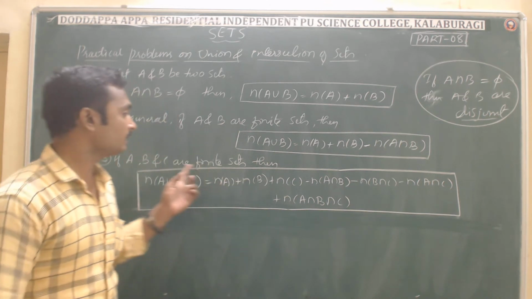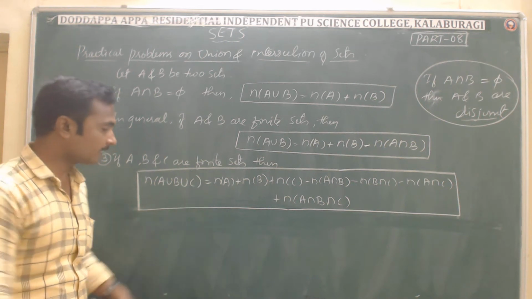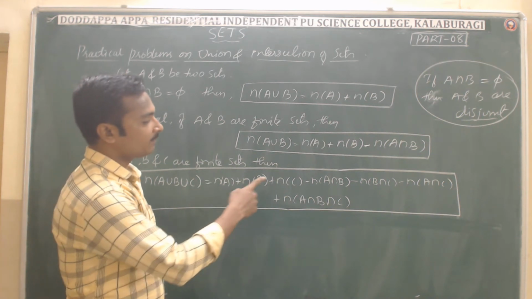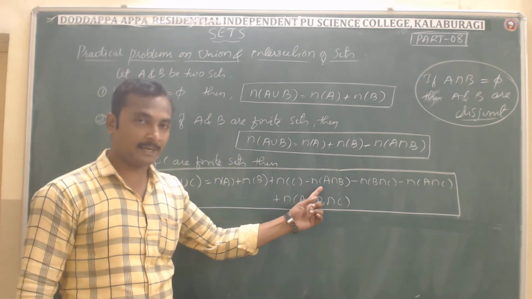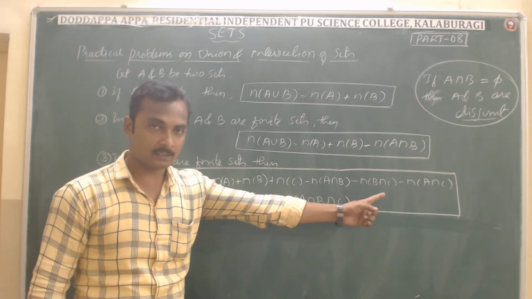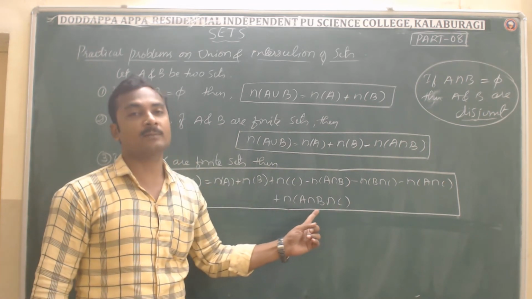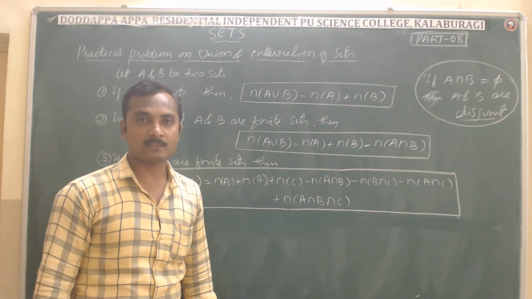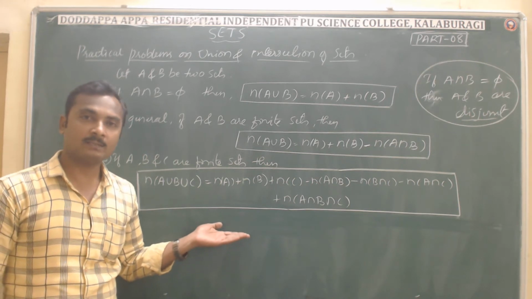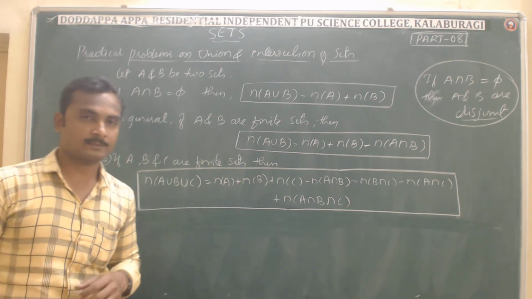If A, B and C are any three finite sets, then I can say that n of A union B union C is always equal to n of A plus n of B plus n of C minus n of A intersection B minus n of B intersection C minus n of A intersection C plus, remember plus, n of A intersection B intersection C. These are the very important formulas required, which help to solve the upcoming problems. So try to remember these formulas.